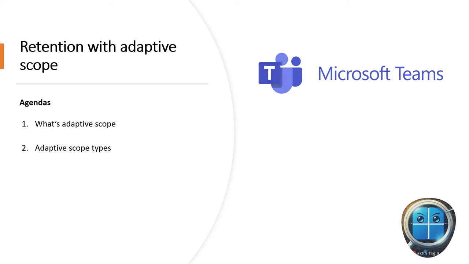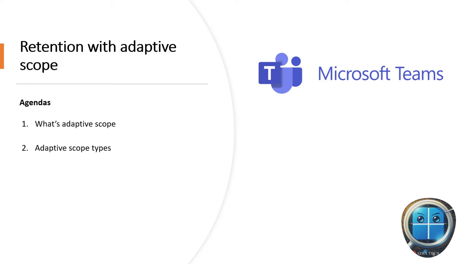And also, since Microsoft Teams channel chats are under the group mailbox, you can also create another adaptive scope, so that, let's say, any channel that belongs to HR, all those chats should be retained similar to their users, probably. So channel chats, shared channel chats are retained through groups and other data inside that group, obviously.